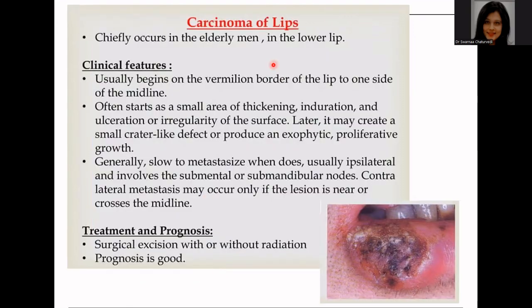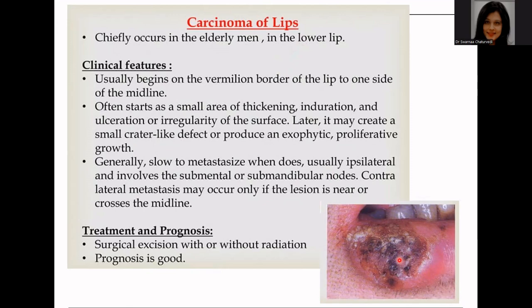If we talk specifically about the SCCs of a particular location, we start with carcinoma of the lips. This region is involved mainly in elderly men. It usually begins on the vermilion border of the lip to one side of the midline.